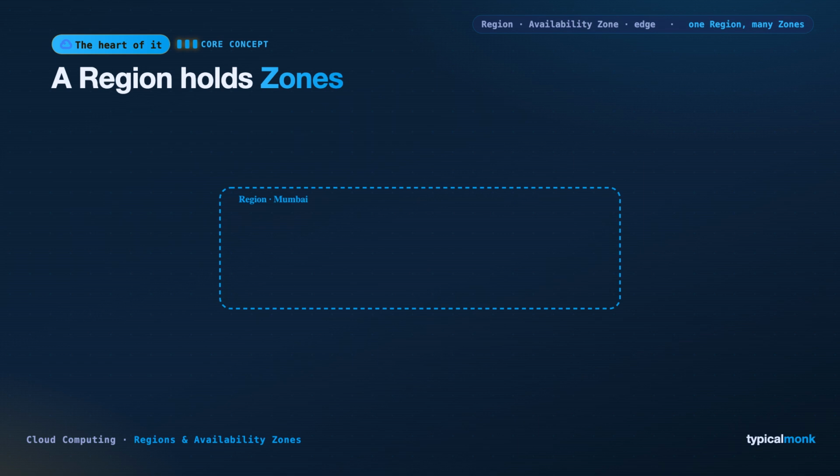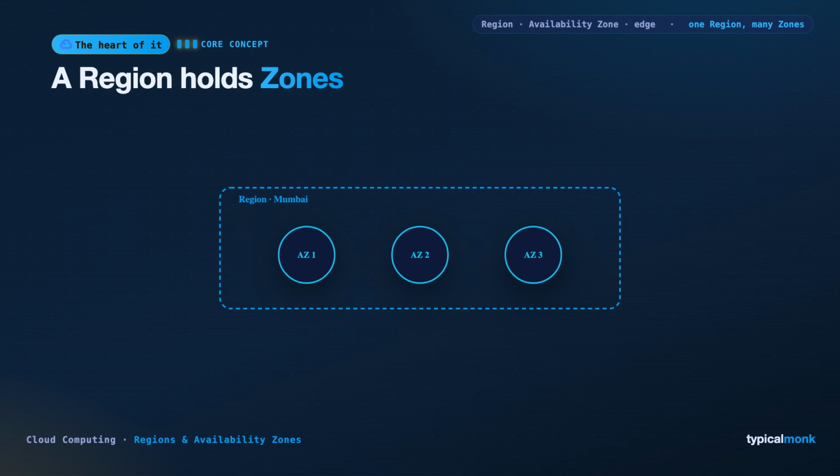Let us put those two ideas together into one clear picture, because this relationship is the heart of the whole class. Picture one region as a large boundary drawn on the map. That is your chosen geographic area, say, Mumbai. Now, inside that boundary, place 3 separate circles.